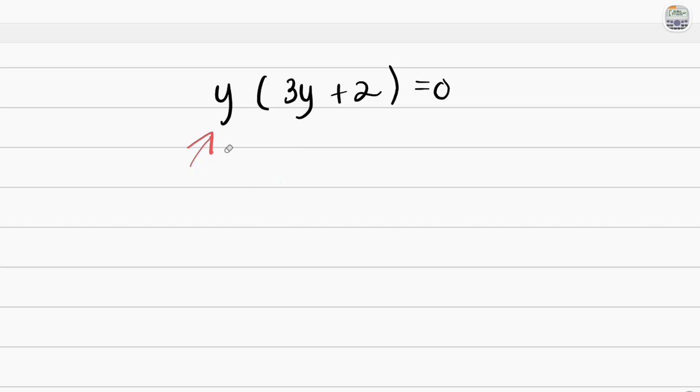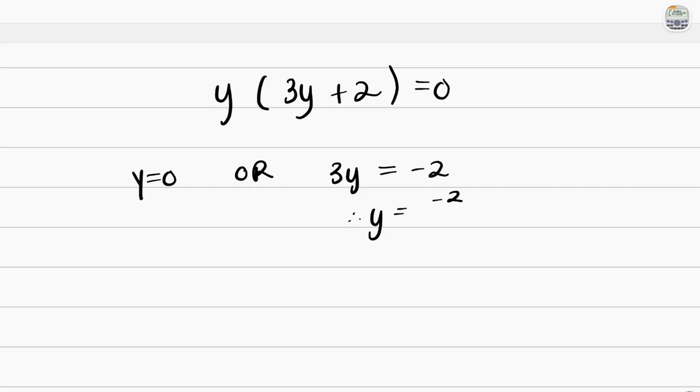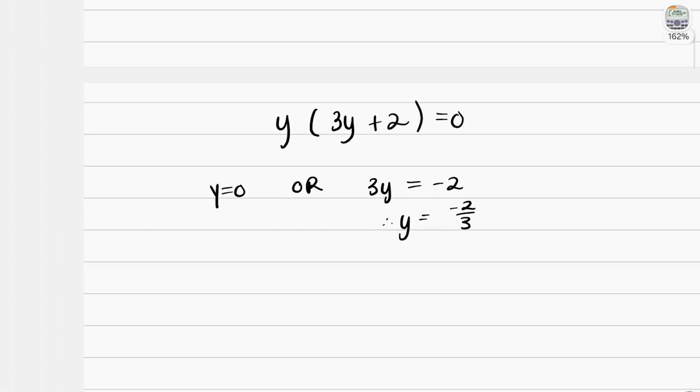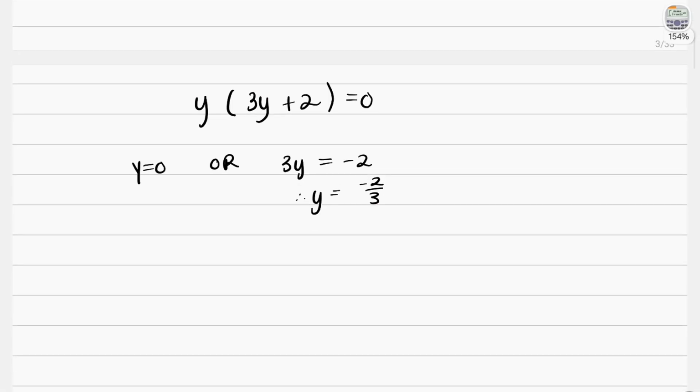So it means that either this is equal to 0, so y equals 0, or the second factor, 3y plus 2, is equal to 0. So if you transpose the 2 there, we get negative 2. And if you divide both sides by 3, y is simply equal to negative 2 over 3. So these are the two y values that we have.